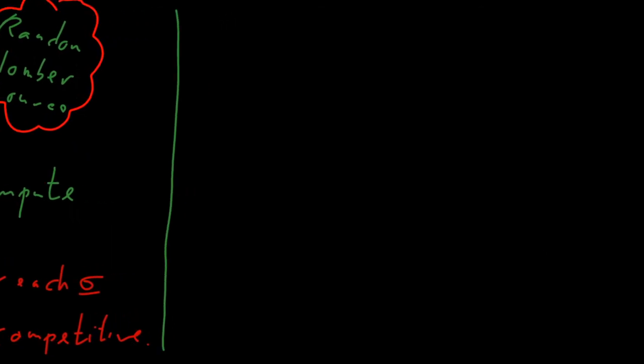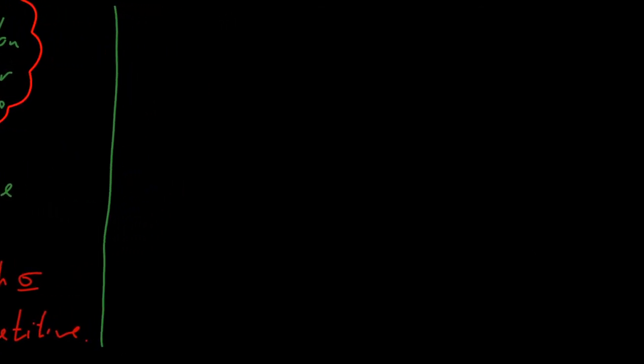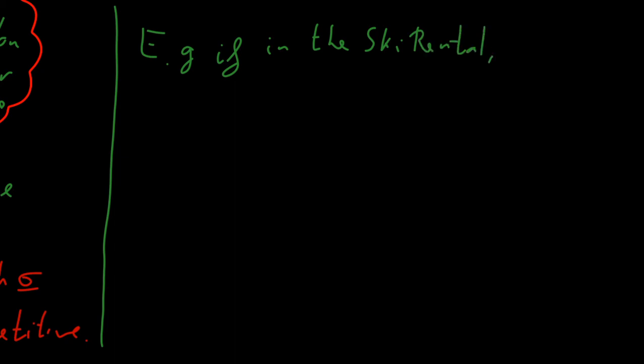So for example, in the ski rental problem, the price of the ski is, say, 4, as usual. And the algorithm works as follows.